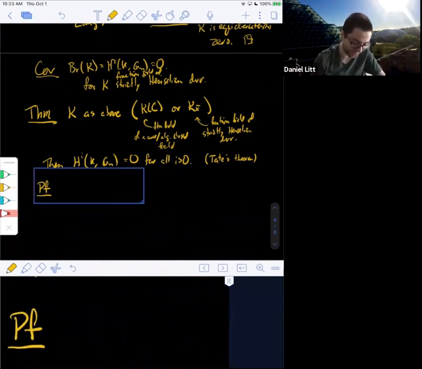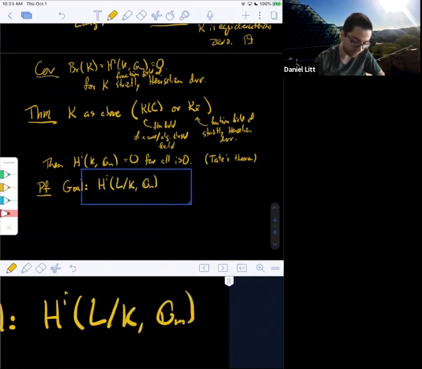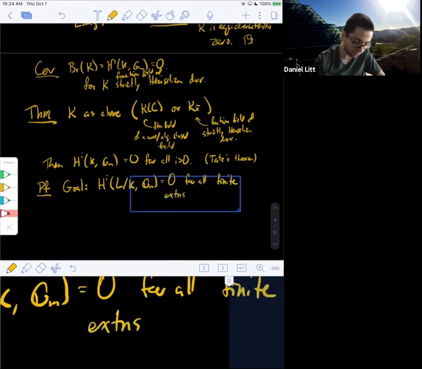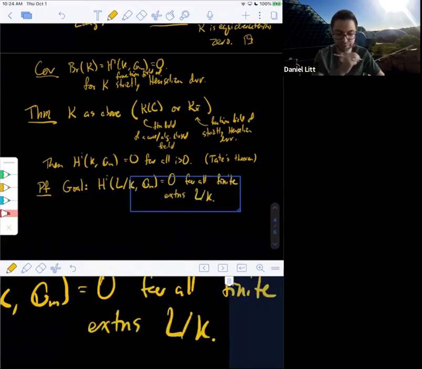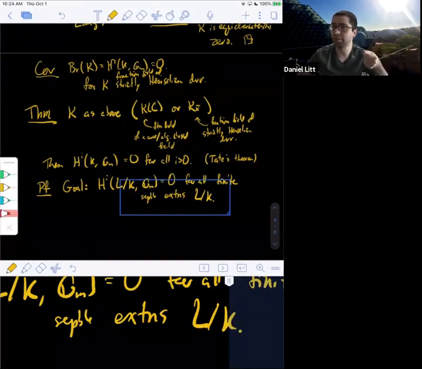So the goal will be to prove that H^i(L/K, G_m) equals 0 for all finite extensions L over K. What does this mean? One way of saying it is we're computing the étale cohomology of Spec K. If L is a finite separable extension, that's a cover of K, and we're going to compute the Čech cohomology of that cover.